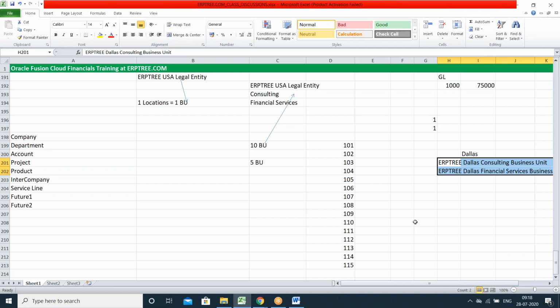If you have it as a line of business, at the line of business level you cannot set in the system how the transactions can be processed, which transactions can be recorded, which transactions cannot be recorded. That you cannot do. If you have it as a business unit, there is an additional advantage. If you have a separate segment, line of business LOB, you can just track the data, but you cannot have the required controls whichever you require.